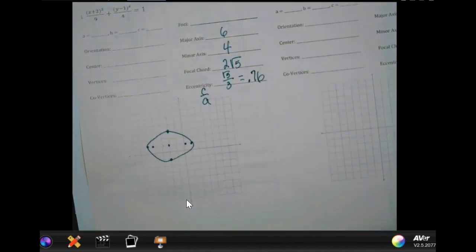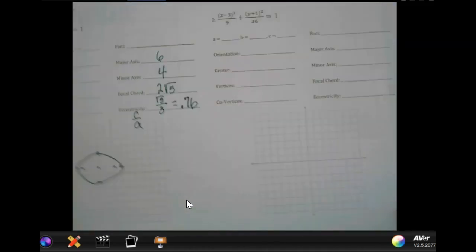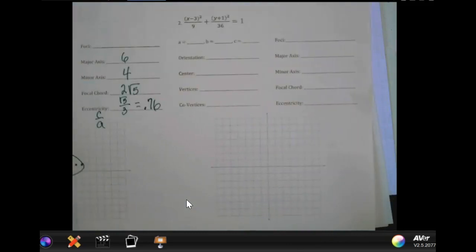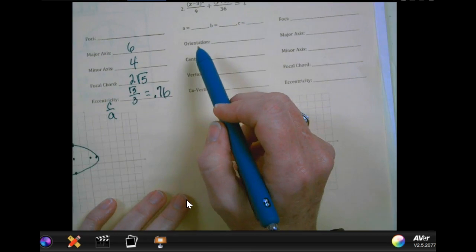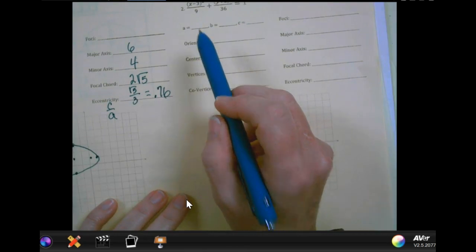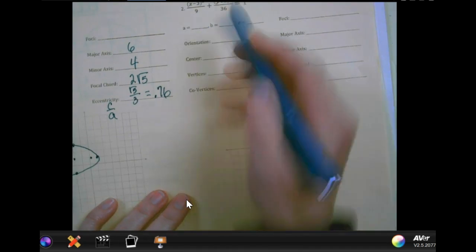Okay. So number 2. It's 0.76. Okay, number 2. So what's the A this time? The A is the biggest number. 6.